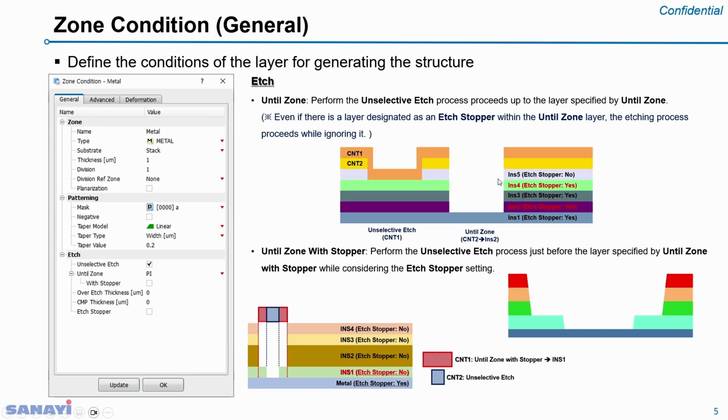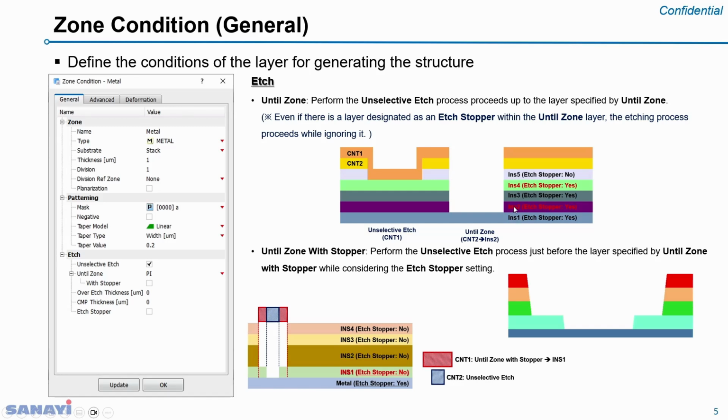This example is easy to understand about unselective etch and until zone. Etch stopper no means that the etch stopper is unchecked. Also, etch stopper yes means that the etch stopper is checked.